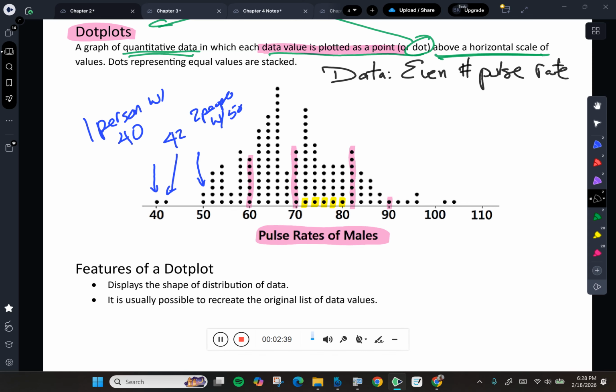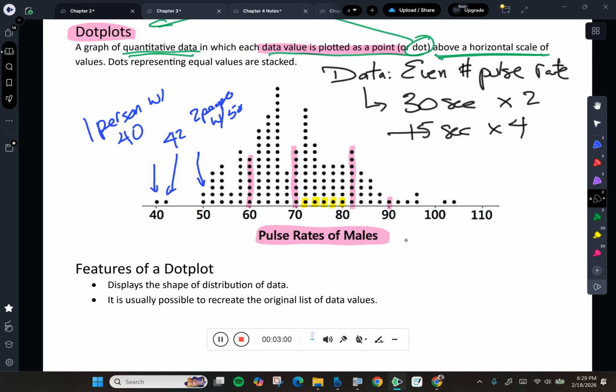Now you might be looking at that and wondering, how could that possibly be? Someone could have a pulse rate of 55. I bet it was how they collected it. If they measured for 30 seconds and then multiplied that answer by 2, everything would be even. Or if they measured for 15 seconds and multiplied by 4, everything would still be even.